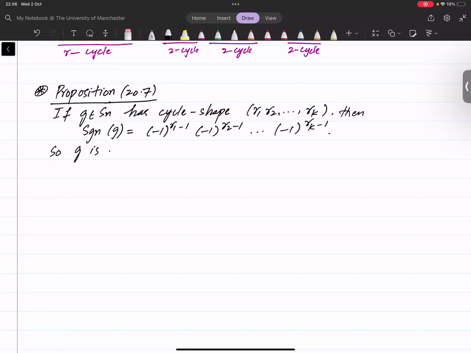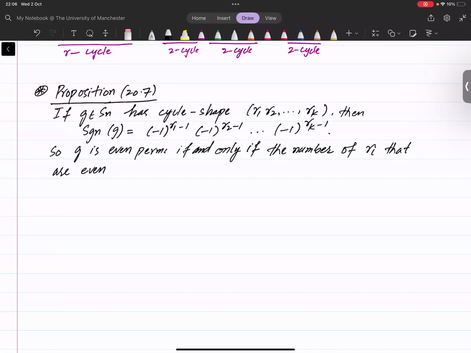So g is an even permutation if and only if the number of ri that are even is an even number.